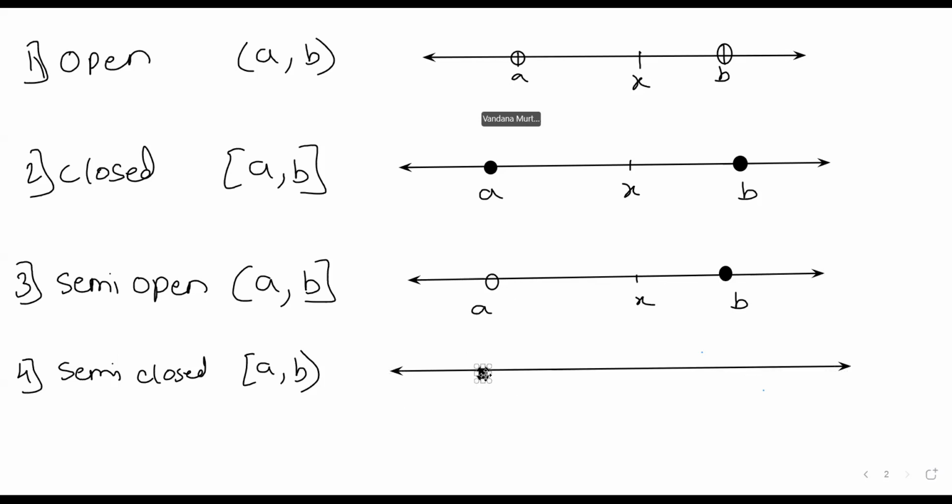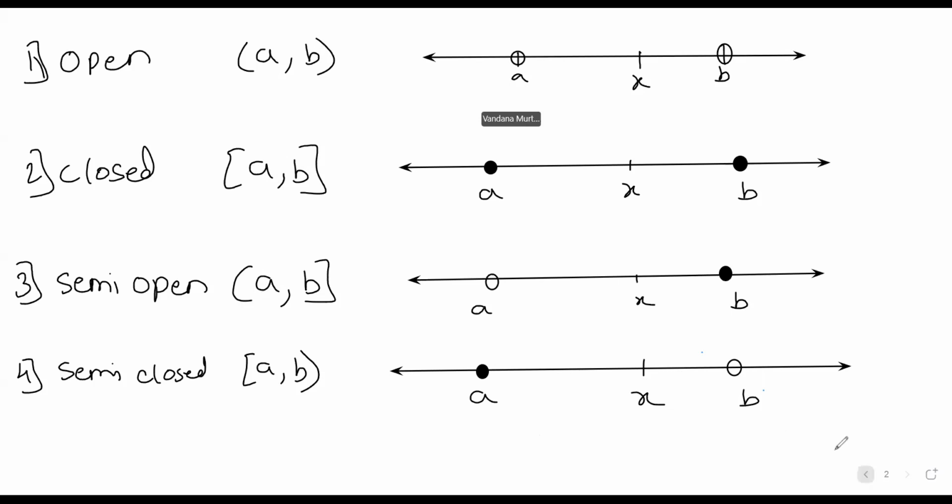Semi-closed, it takes the value of A, but it never takes the value of B. So open X lies only in between A and B. Closed X is only X is in between A and B, and assume both. Semi-open X does not include A, but it includes B. Semi-closed, it does not include B, but it includes A. These are all the important types of interval that we are talking about.